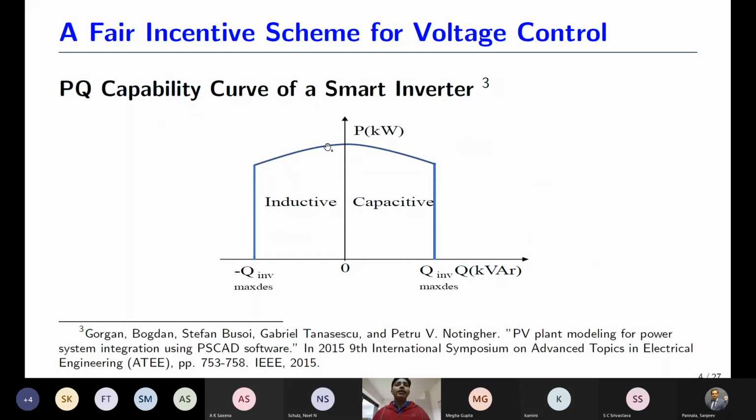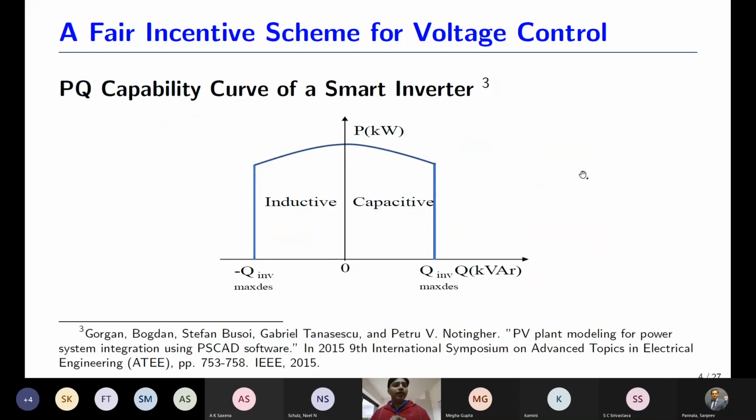But during high generation of solar power, reactive power capability is low. For such a scenario, we need overrated inverters to control the voltage so that we can absorb some reactive power. Or the other option is we have to curtail some active power generation.